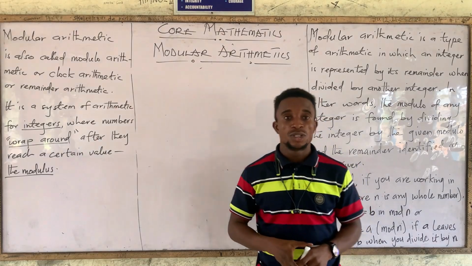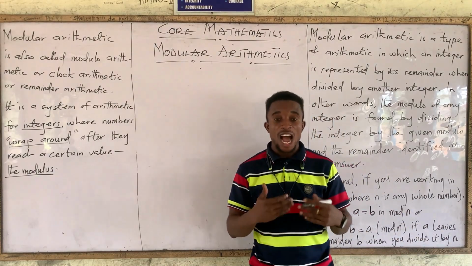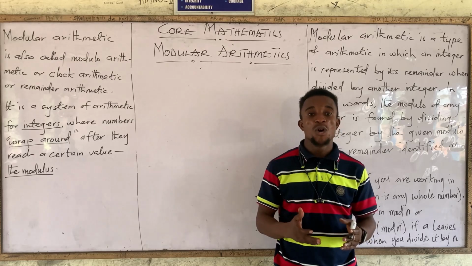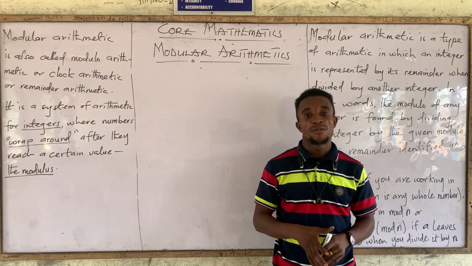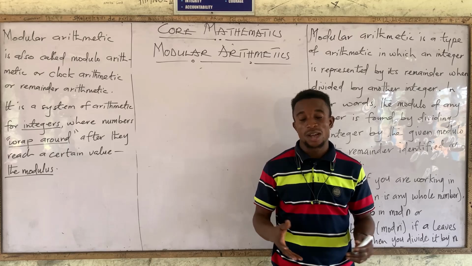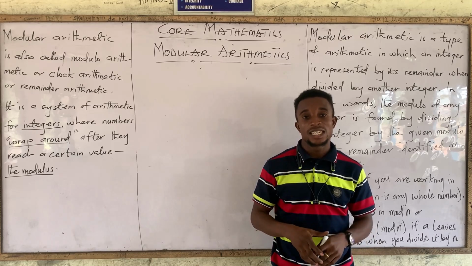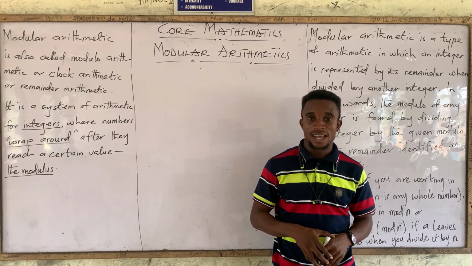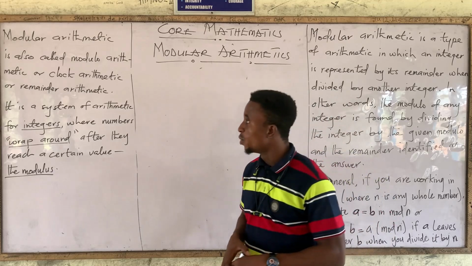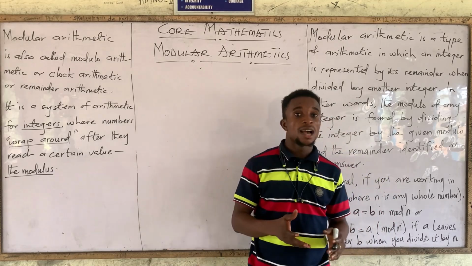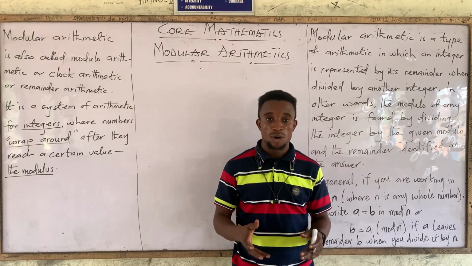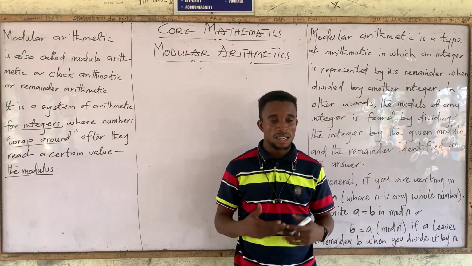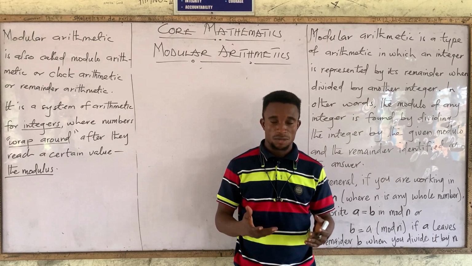And also, you should be able to find the mode or modular of positive numbers, that is whole numbers, and also that of negative numbers. Are we getting that? Then also we will be looking at some operations on modulo. It can be addition and subtraction, multiplication and division.